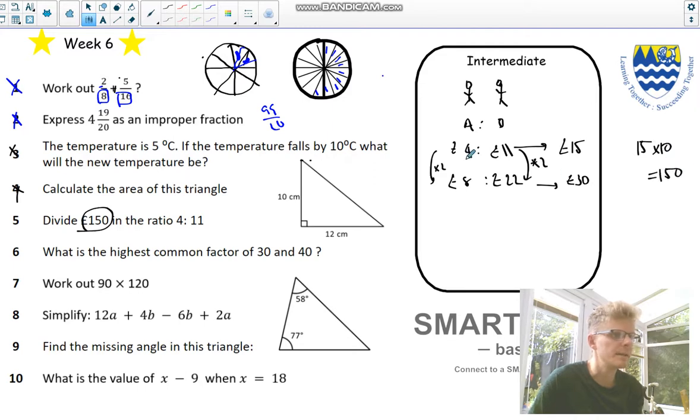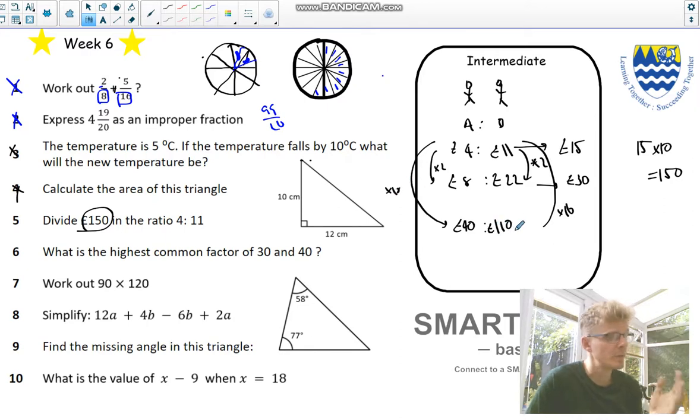So I went back to my initial ratio and went, okay, let's give person A 10 times as much as they originally had. They would have £40. And if I give person B 10 times as much as they originally had, they would have £110. So we've kept it in the same proportion because we multiplied both sides by the same amount.